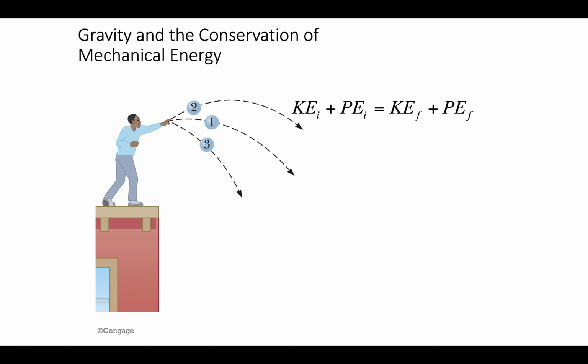It doesn't matter if I threw it upward, sideways, or downward. I know that I had a kinetic energy that was due to my speed, not my velocity, and a potential energy that's due to my height. So all three of these throws, if they're thrown at the same speed, have the same total energy, and therefore will have the same total energy at the bottom. And I can write it out in terms of the specifics of each: kinetic energy plus potential energy initial equals kinetic energy plus potential energy final.